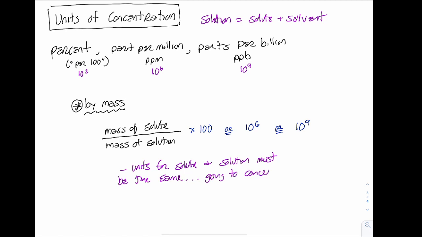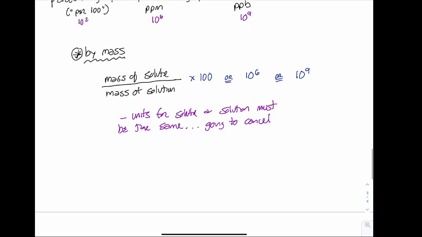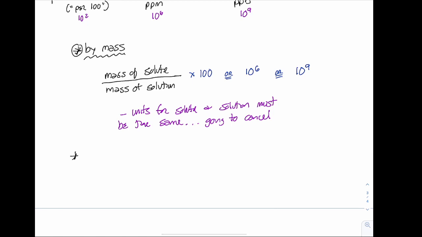I'm not going to have any units on my answer, just either a percent sign is how I'm going to express percent, and we'll do examples. For parts per million, I'm just going to put a ppm at the end of it, and for parts per billion, ppb. We'll do examples after I go through all the types.